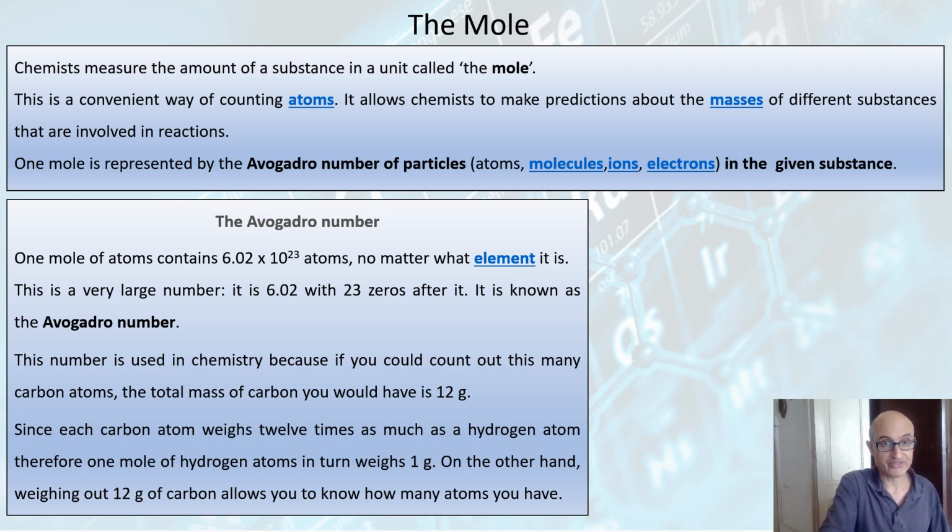A mole is 6.02 followed by 23 zeros. It's an enormous number. Just to give you an idea of how big a number like that is, imagine you have the mainland UK, meaning you've got Scotland, Wales and England.